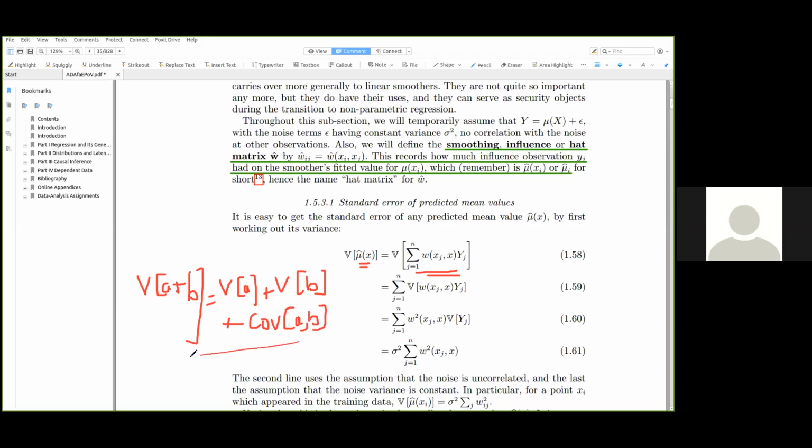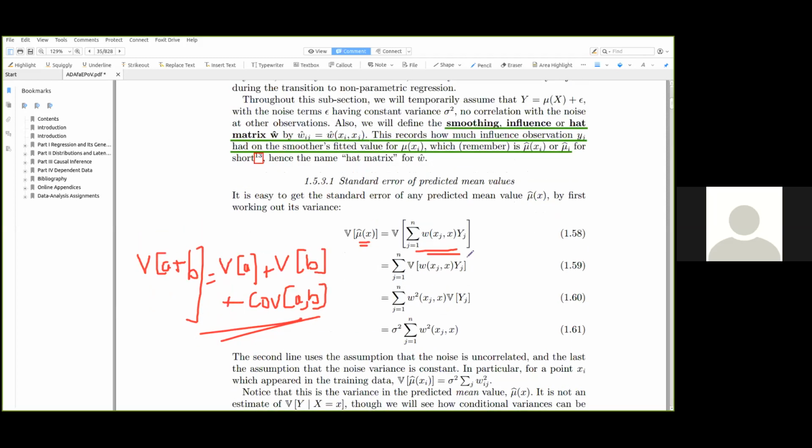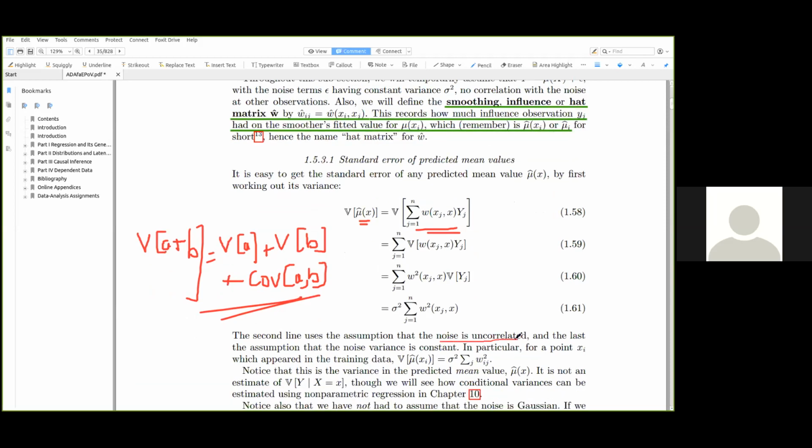This is just the equation for variance of a plus b. According to this formula, what we are saying is that the noise is uncorrelated, which is when covariance of a comma b will be 0, which is why you can just bring the variance inside the summation.